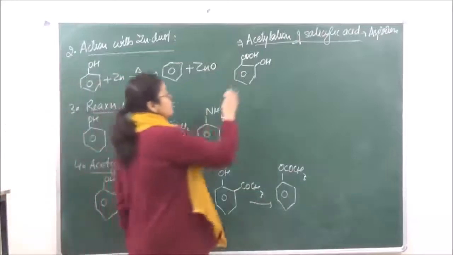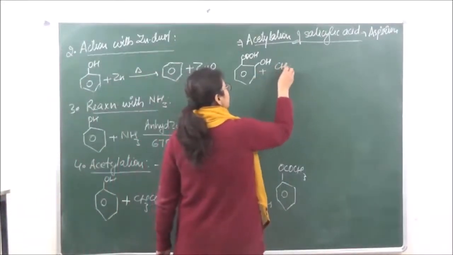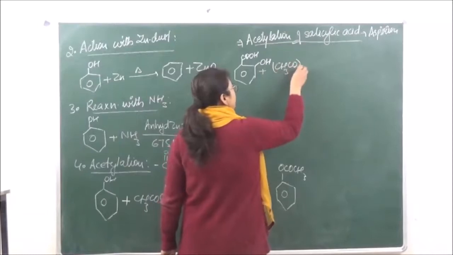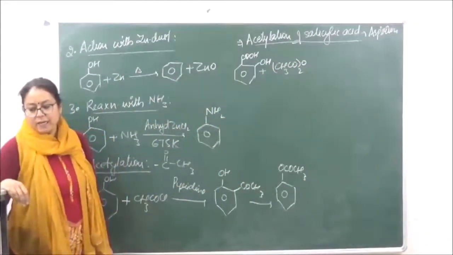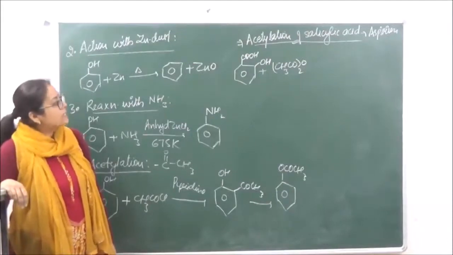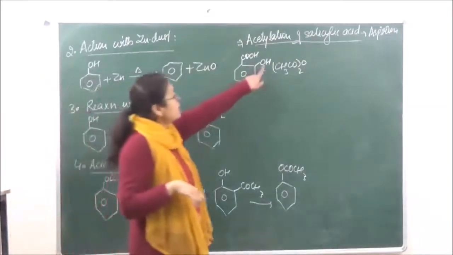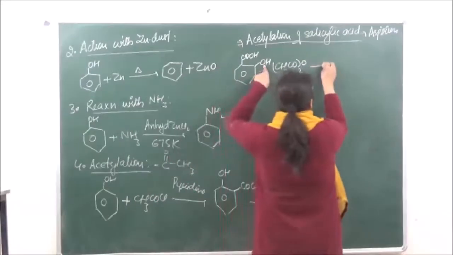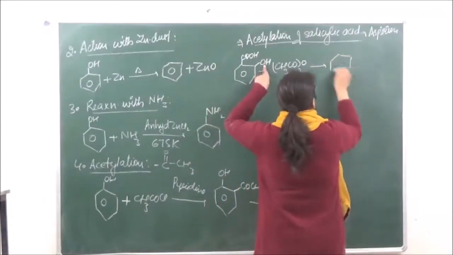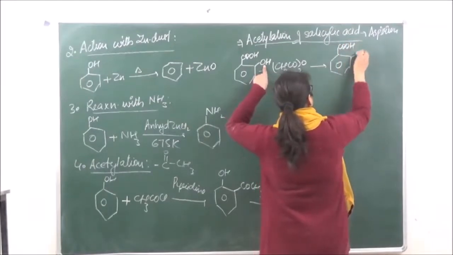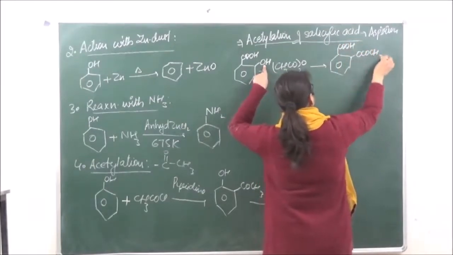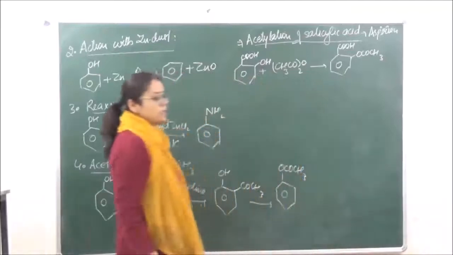We are reacting this with acetic anhydride. This is acetic anhydride. Then we are going to get acetyl salicylic acid, as acetylation of this group is going to take place over here. So we are getting over here OCOCH3.